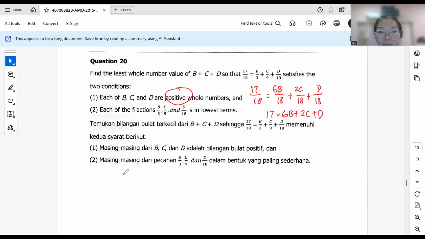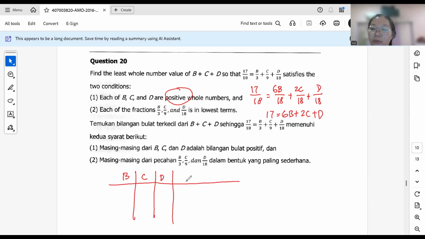You make a table from this, B, C, and D. Okay, I'm going to list down. If we put 1 in here and then we choose 1 also, that means 6 times 1, 6 plus 2, right?